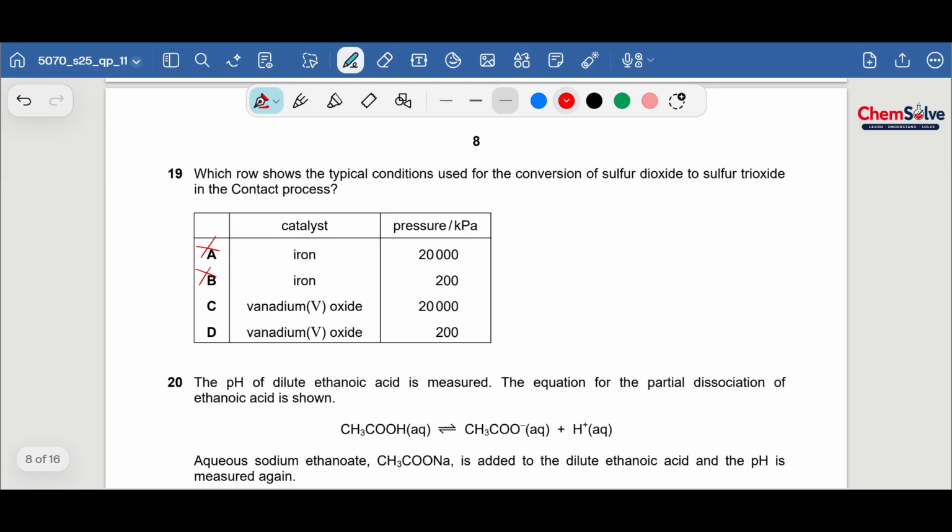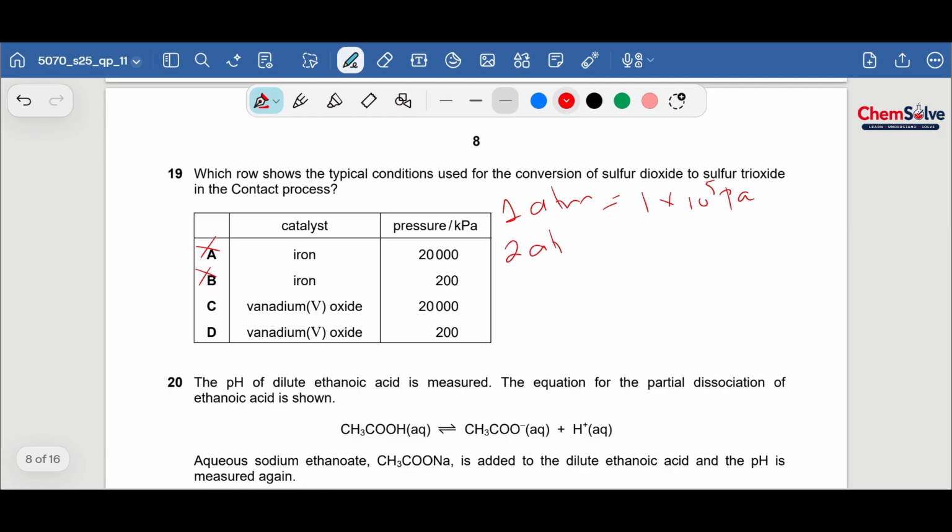So we have to choose between options C and D. We know that the pressure of the contact process is 2 atm, but here we are given the pressure in kilopascals, so we have to convert atm into pascals and then pascals into kilopascals. 1 atmosphere is equal to 1 into 10 raised to power 5 pascals.